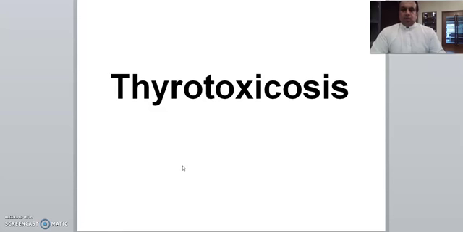Now coming to thyrotoxicosis. Thyrotoxicosis is basically the excess production of thyroid hormones by the thyroid gland. You do come across questions in your SEQs, the short essay questions, and also the MCQs about thyrotoxicosis. And you also get questions regarding the treatment of thyrotoxicosis.